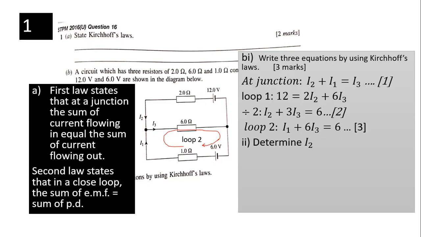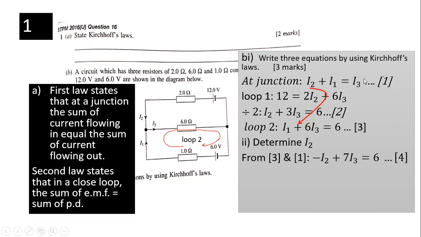Right? After that, you are asked to determine I2. It's just a math problem. As long as you can get the 3 equations, then it's a math problem. Just replace the I1 here, or replace the I3, whichever you want. From equation 3 and I1, I replace my I1 here.